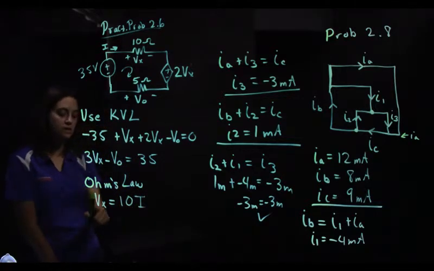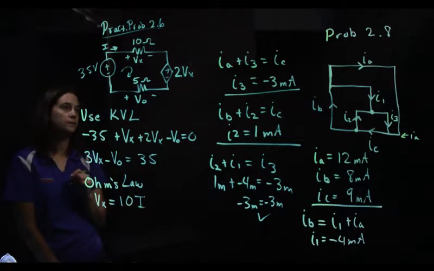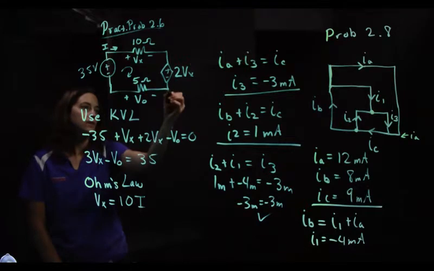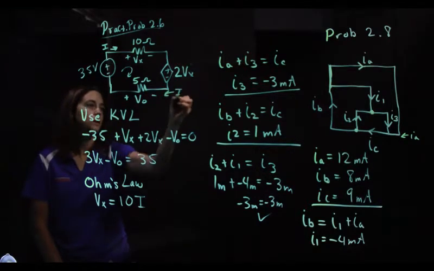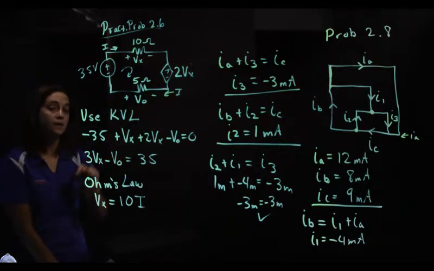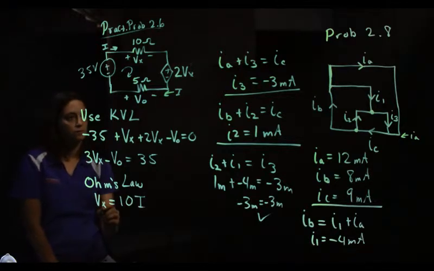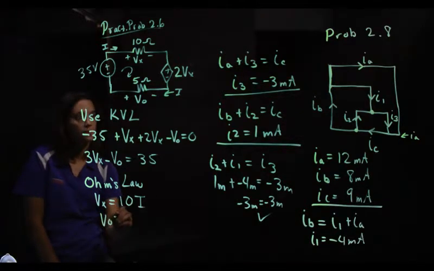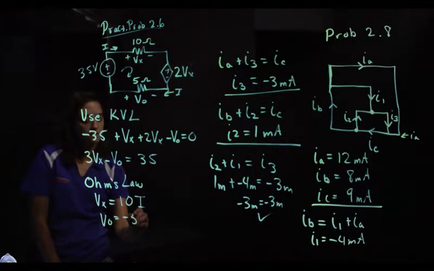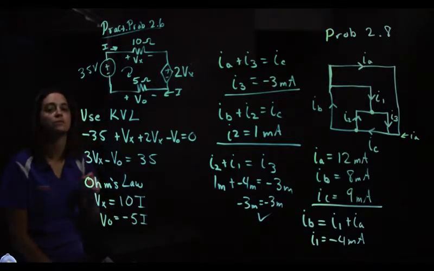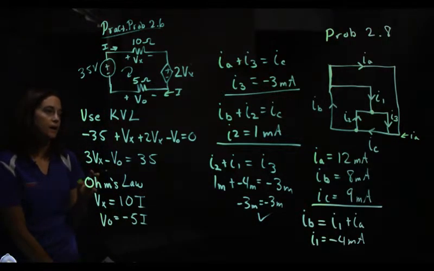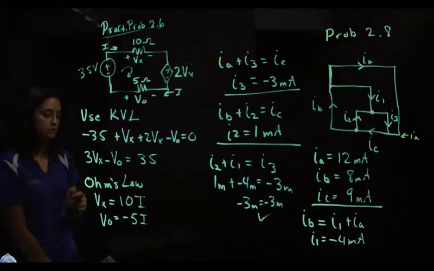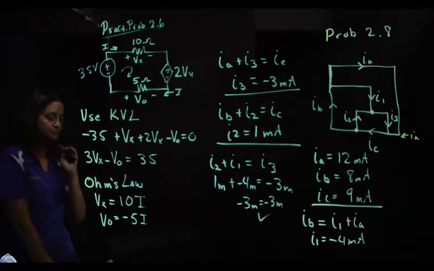Same thing down here. That current I is flowing in here, right? But I'm entering the negative terminal. So I'm going to write VO equals minus 5I, again using Ohm's law and the fact that it's entering the negative terminal, so I get a negative.